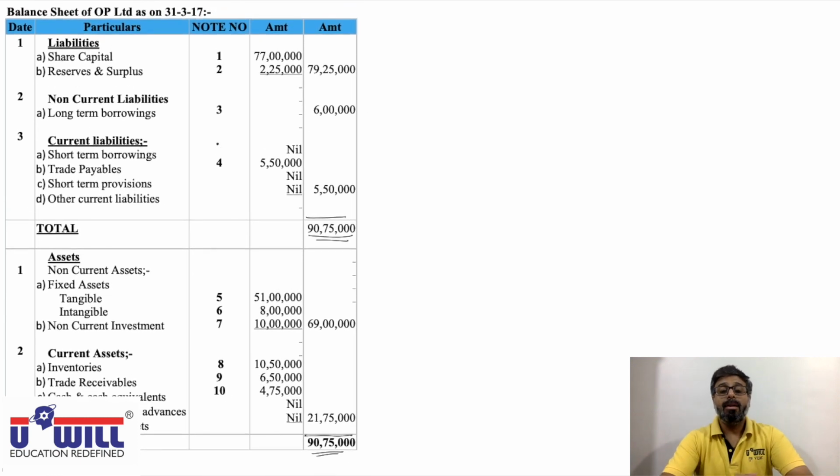Right? So as I said to you in the beginning itself, in this question, what we have done is accounting entries in the books of transferee company OP Limited and its balance sheet.